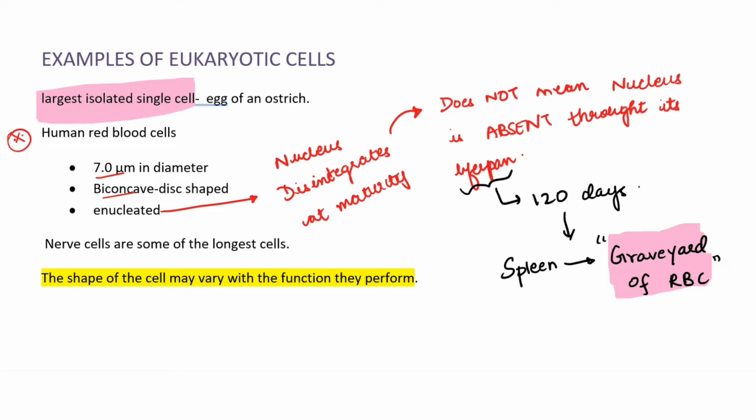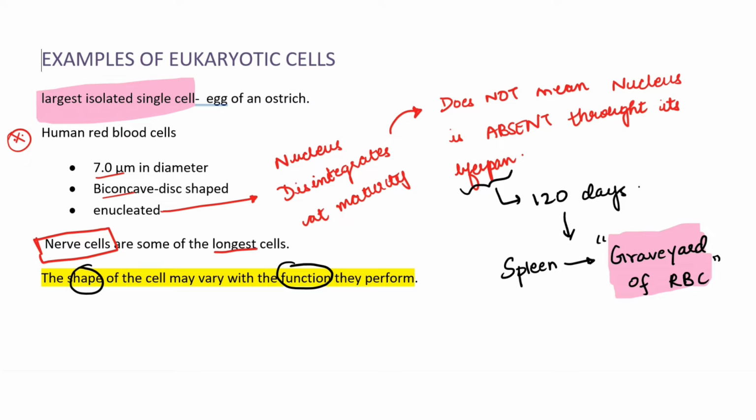These are some of the longest cells. So we find that there are different shapes of cells. Why so? Because the shape of the cell corresponds to the function. So according to the different functions, the cell's shape varies structurally also.